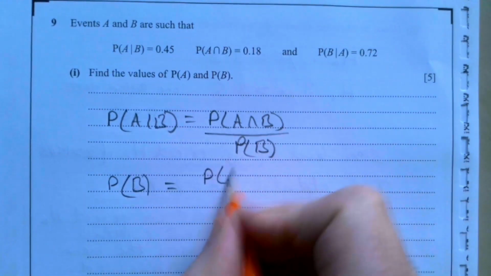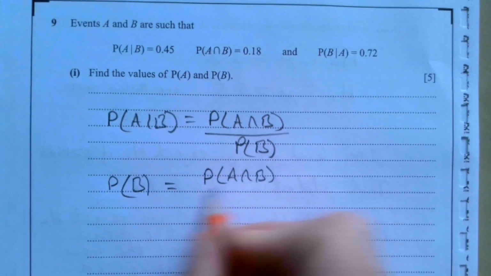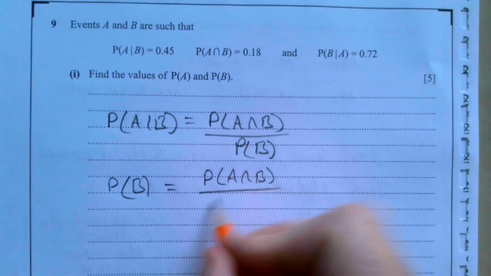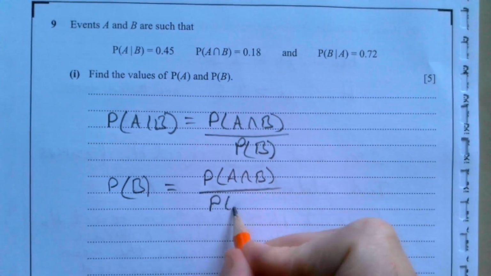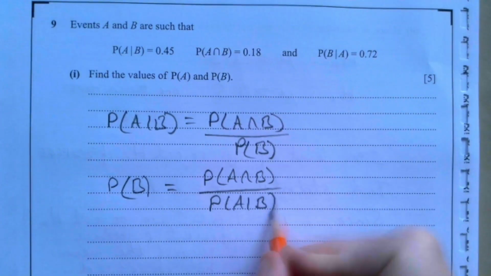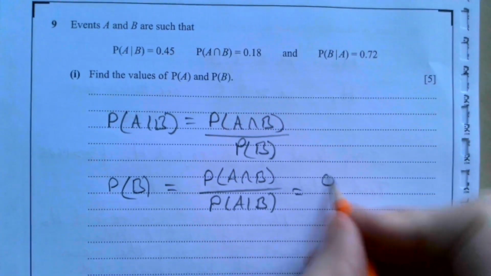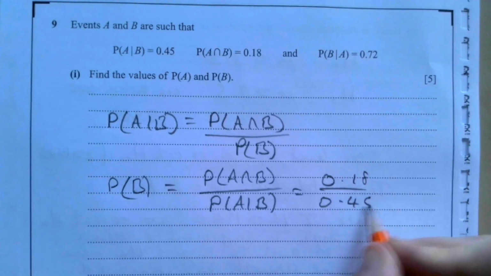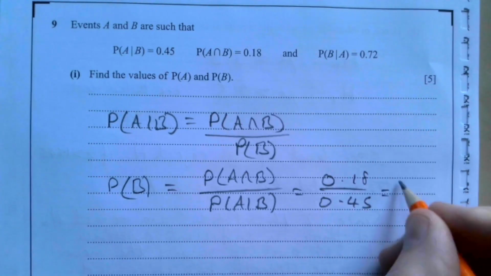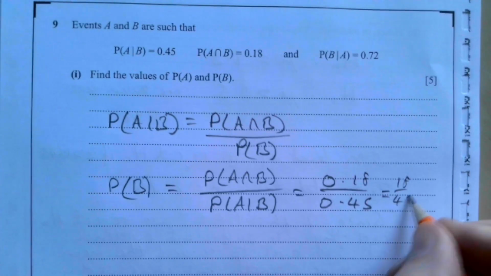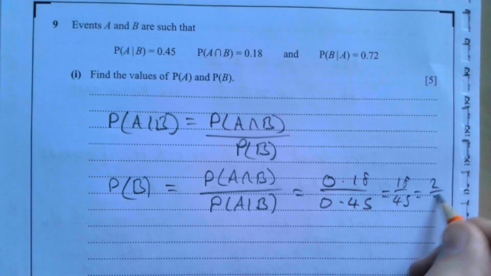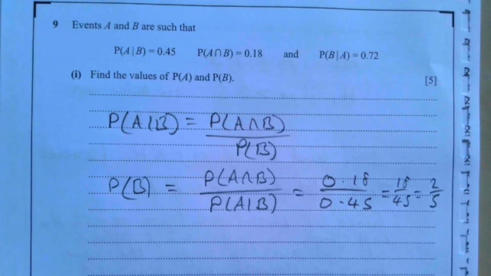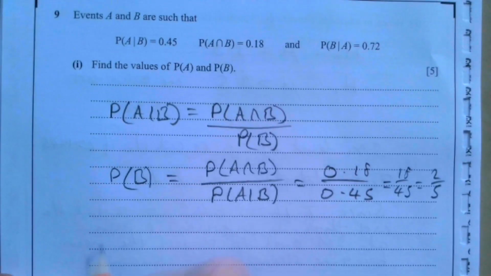So that's the probability of A and B all over the probability of A given B. So that's going to be 0.18 over 0.45, and that's obviously 18 over 45, which gives us then 2/5.